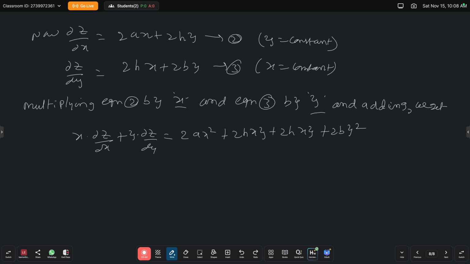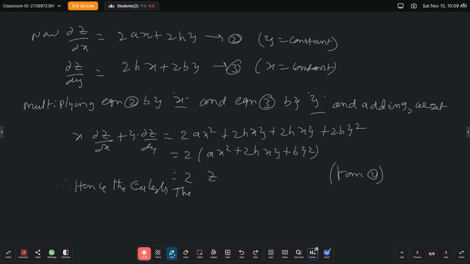Now 2 is common: 2 into ax square plus 2hxy plus by square. From equation 1, the given function is z, therefore 2 into z. Hence Euler's theorem is verified.